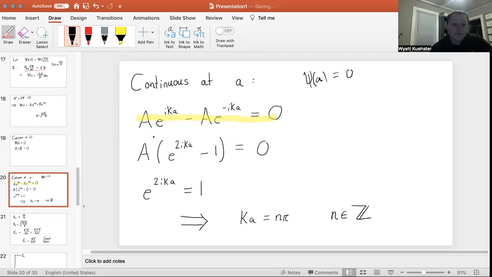If I assume the constant A is non-zero, because if it were 0 the wave function would be 0, which would be stupid, then e to the 2ika equals 1.